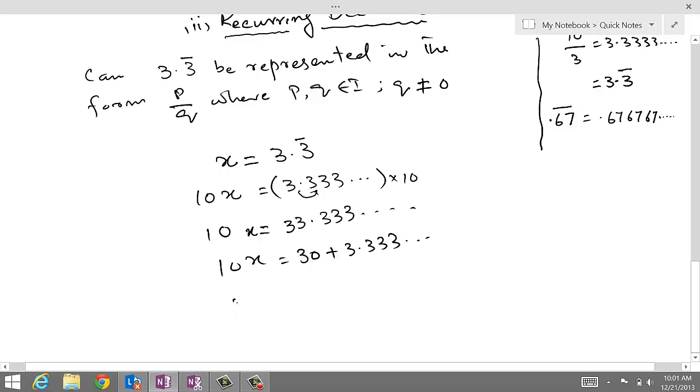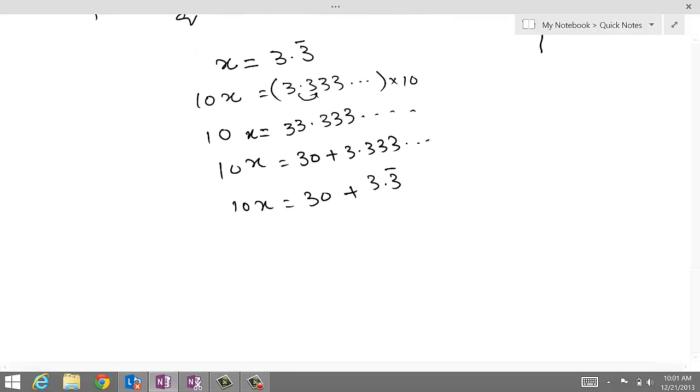So 10x is equal to 30 plus 3.3 bar, which is 30 plus x, and we subtract x on both sides.